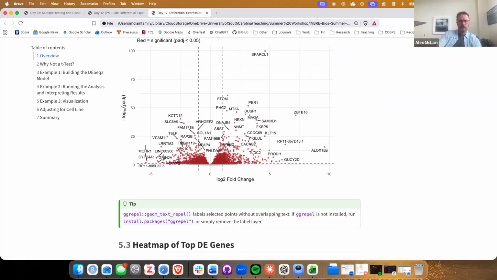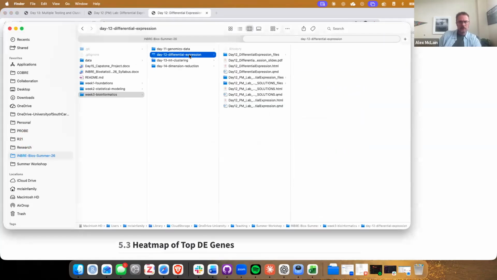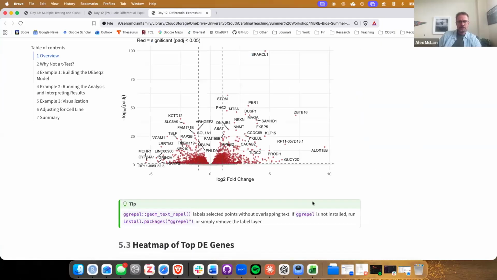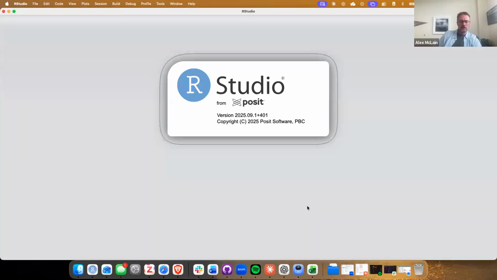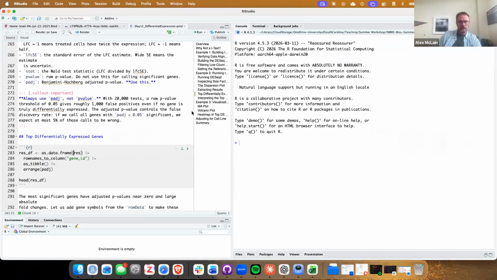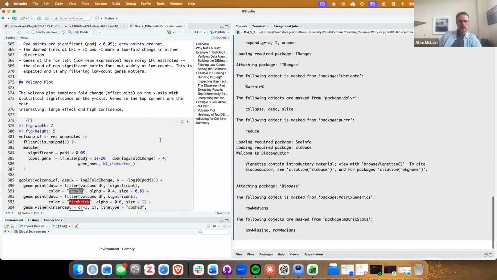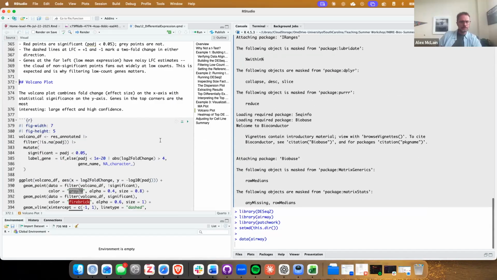I would like to look at this figure again and see how this volcano plot looks different with the Bonferroni adjusted p-values versus the BH. So I'm going to go all the way down to this, click this volcano plot. I'm going to hit this down arrow. That's going to run everything above it.